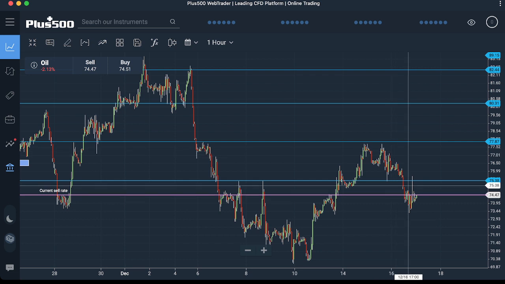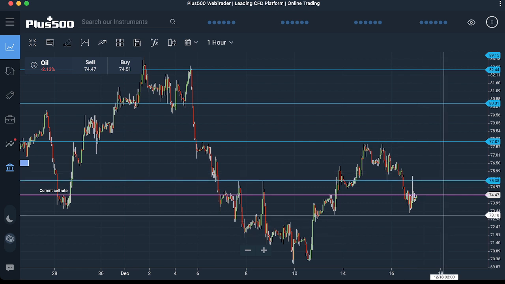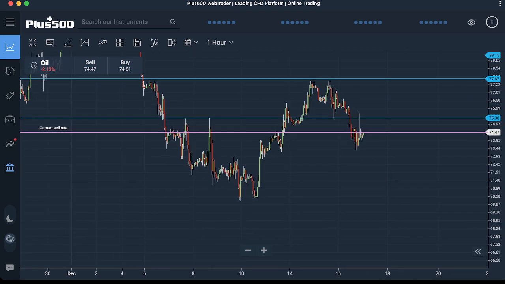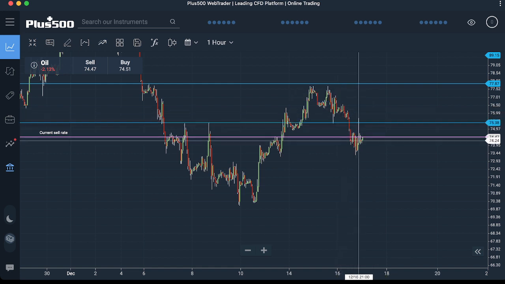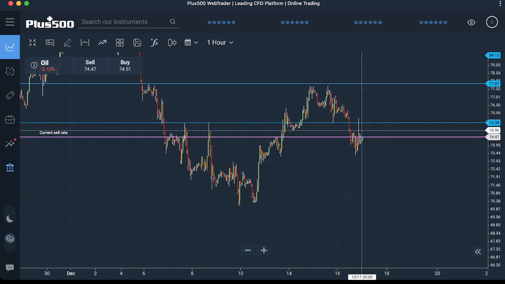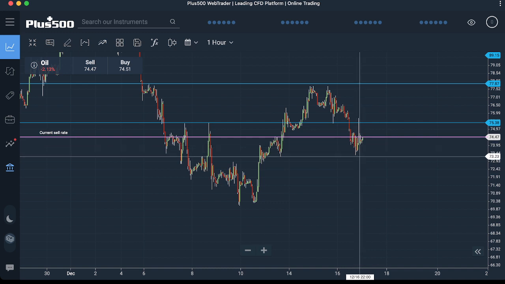And here again another resistance testing, and now it's preparing to go to the downside because this resistance is already retested. So market now can push to the downside to break this low, which is the sell side liquidity.